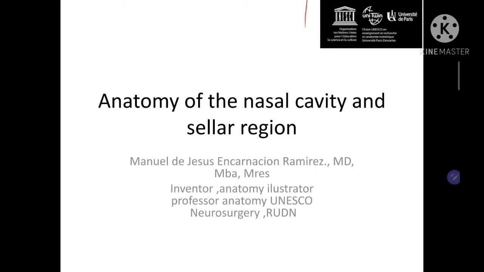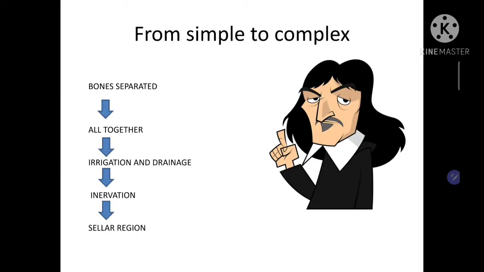Today we're going to start talking about the anatomy of the nasal cavity. The sellar region was a topic we already spoke about, okay? So, as René Descartes said, we need to go from the simple to the complex. First we're going to start talking about the bones, all of them separately, later all together.